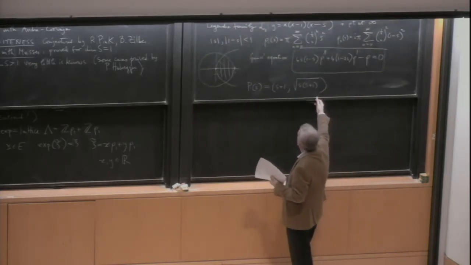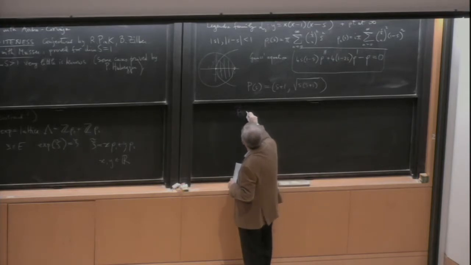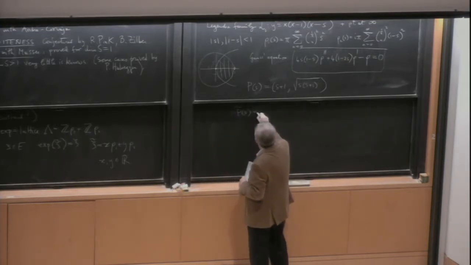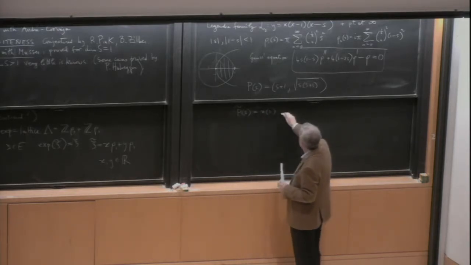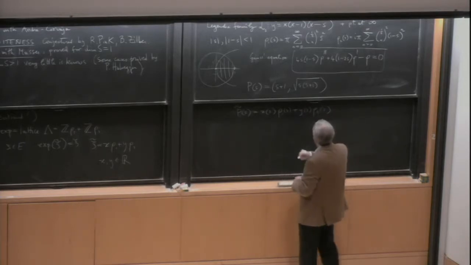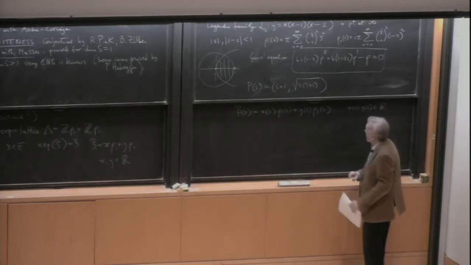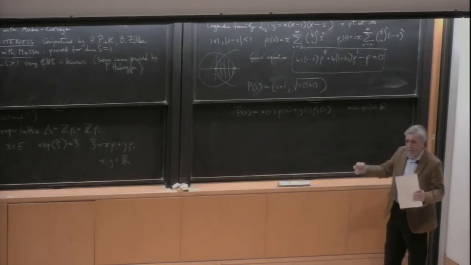We shall express the abelian logarithm of the point at S like x of S, rho 1 of S, plus y of S, rho 2 of S. And now x of S, y of S will be real. We can't do this globally.